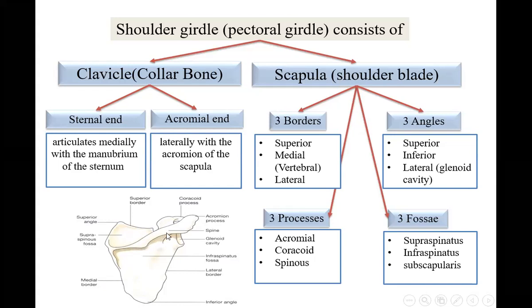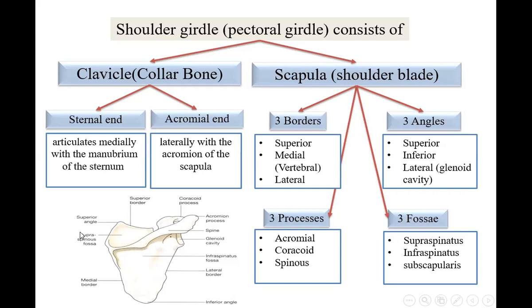Then three fossae, three spaces. Where are they? What is above the spine? This is called the supraspinatus fossa, or the supraspinous fossa. The part below that spine is called the infraspinous fossa. Infra means below, supra means above.